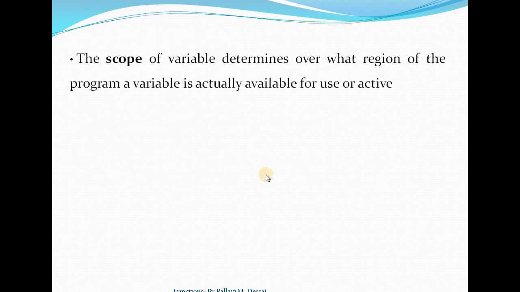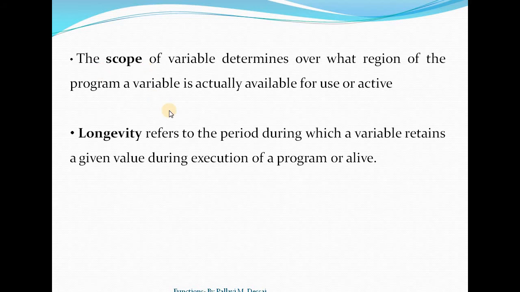Before that, we shall see what is the scope. The scope of a variable determines over what region of the program a variable is actually available for use or active. What we have previously seen, the local variables and the global variables, are nothing but the scope of the variable.